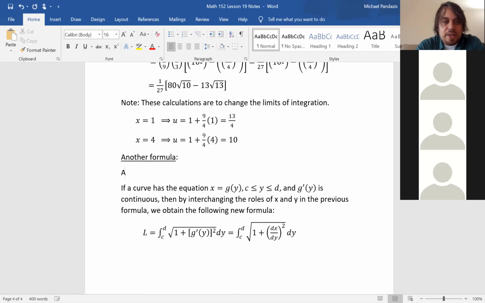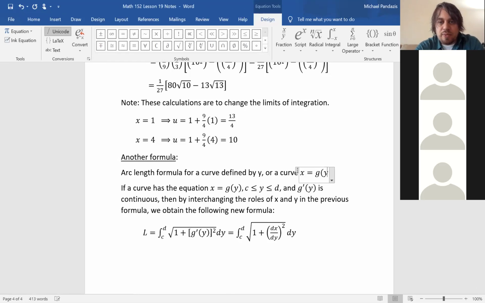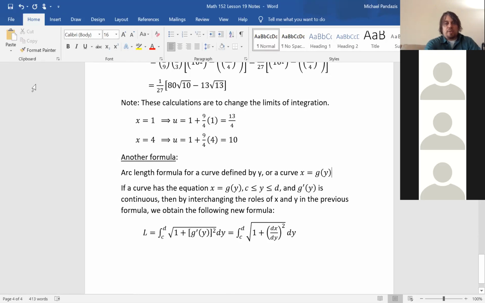Okay, this is the arc length formula for a curve defined by y, or a curve x equals g of y. Let me just show you on the whiteboard what this is saying.